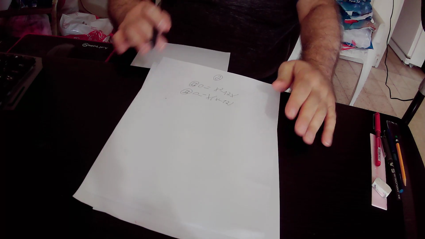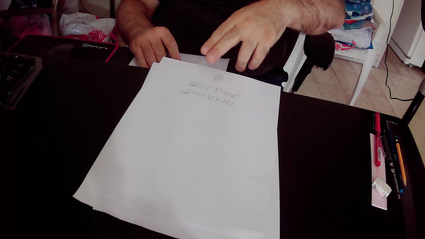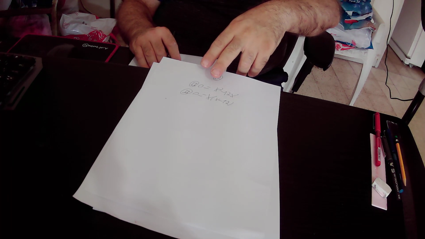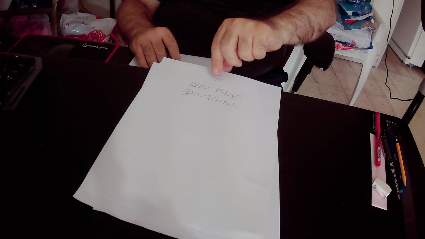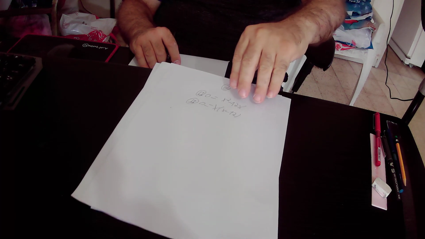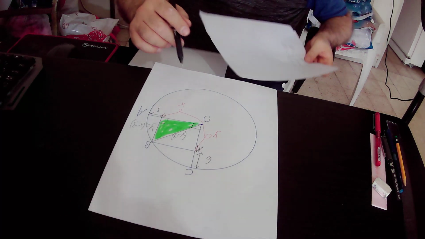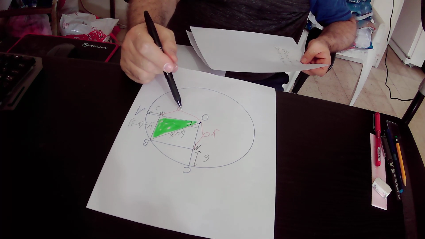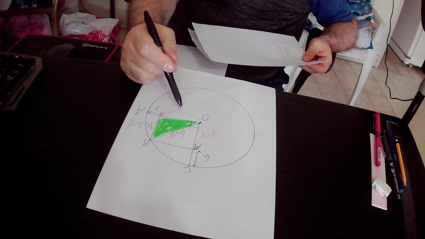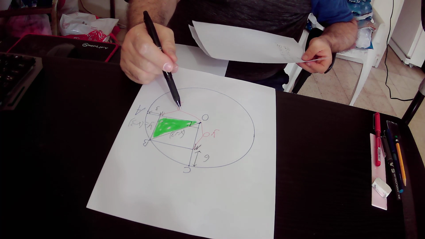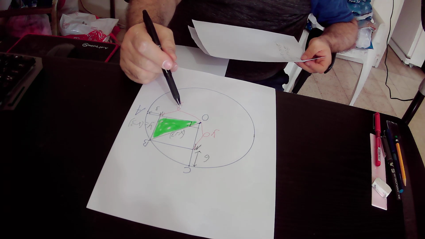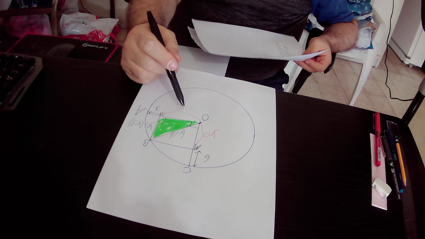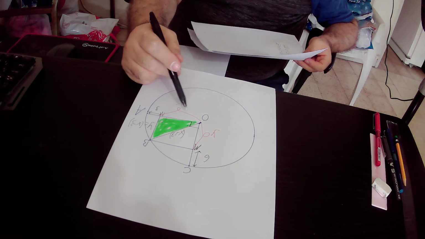Actually, the solution to this equation is, we have two solutions. The first solution, x equals 0, is impossible because x is the side of the rectangle, and it can never be 0 because it must be a positive number. When you talk about the size of any shape, any geometric shape, it must be a positive number.